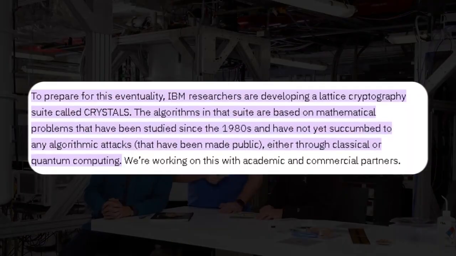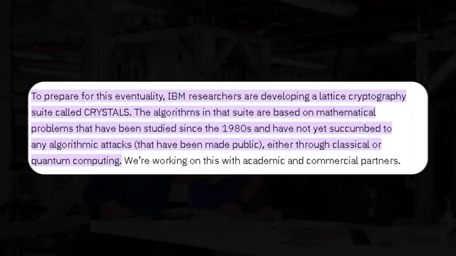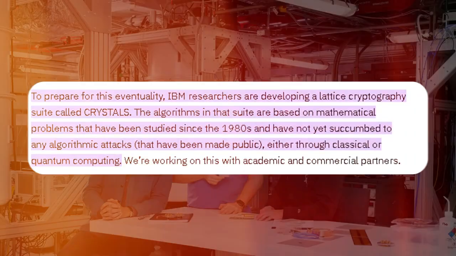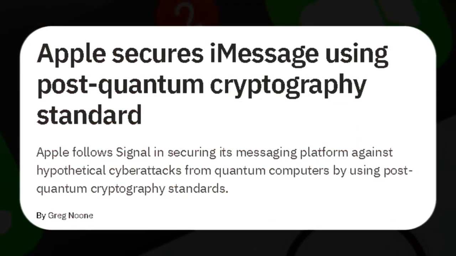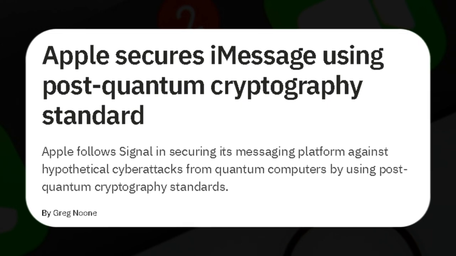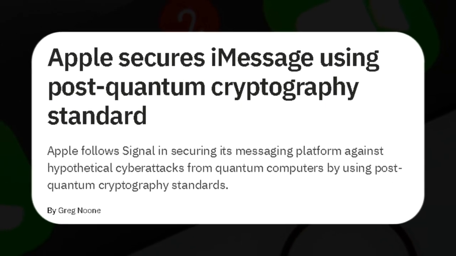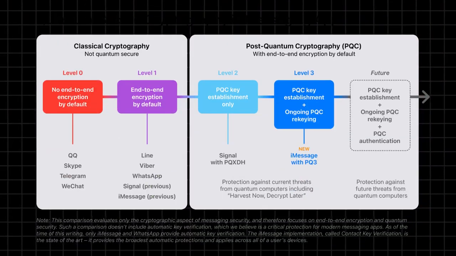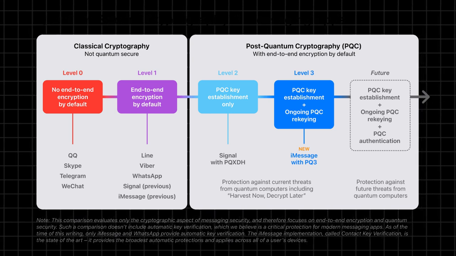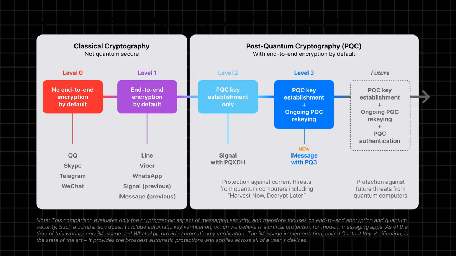IBM is researching and developing quantum-safe cryptographic methods, focusing on secure communication and data integrity in the face of future quantum computing threats. Apple has introduced a quantum-resistant cryptography protocol called PQ3 for securing iMessage communication, using a hybrid approach of post-quantum algorithms with existing elliptic curve cryptography.